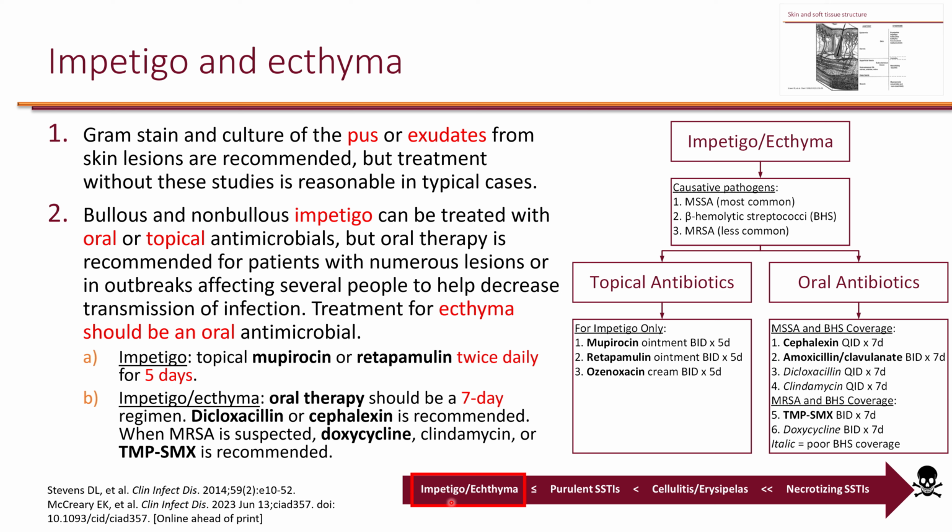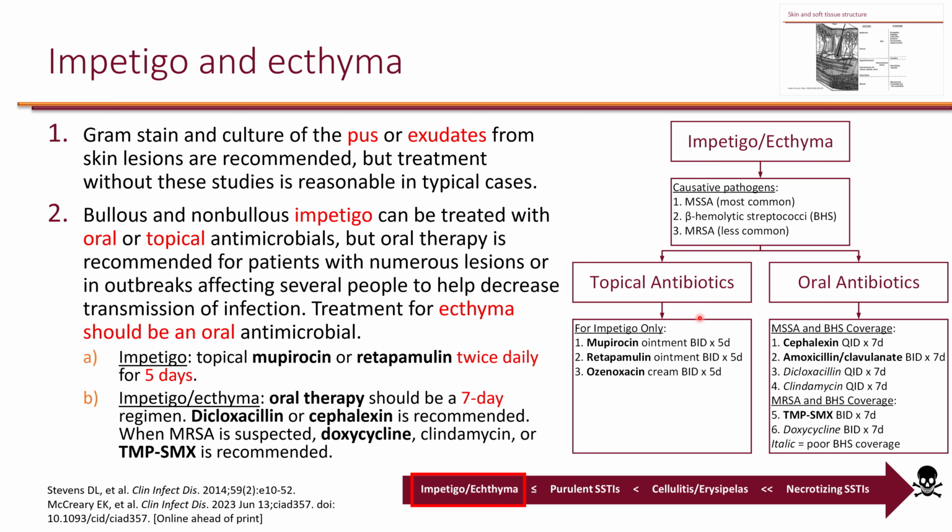So impetigo is relatively the least severe type of skin and soft tissue infection compared to other types of skin and soft tissue infection. Now, gram stain and culture of the pus are recommended, if available, but treatment without these is also reasonable.